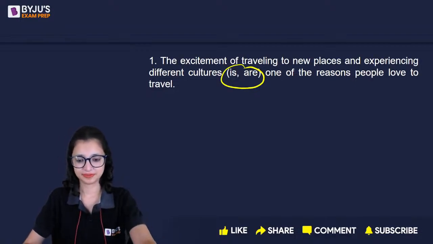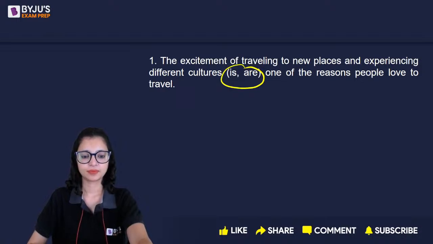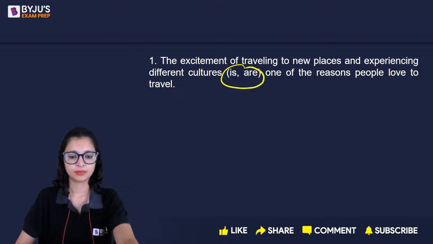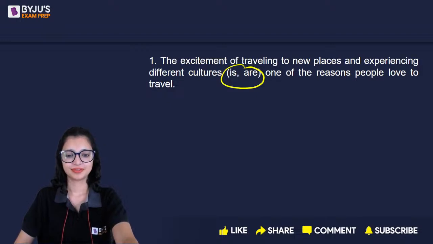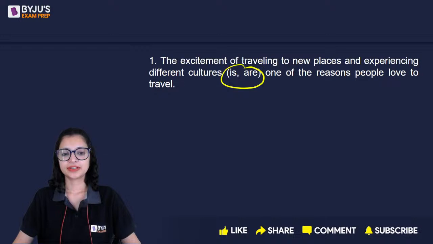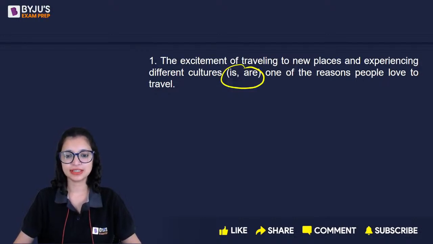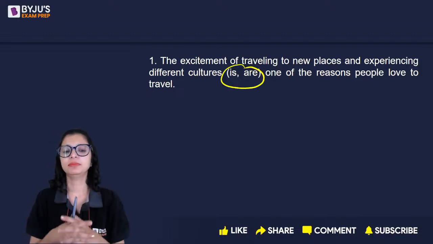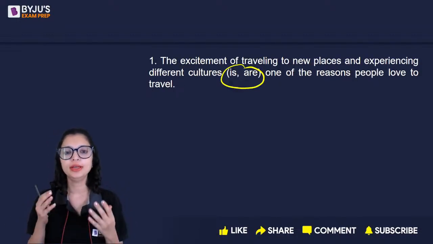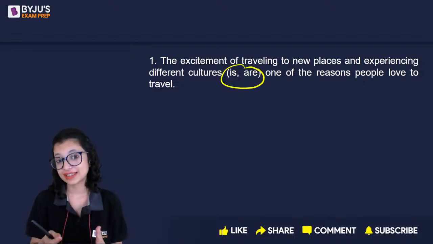What's your answer? When you get such statements, you have to focus on identifying the correct subject.